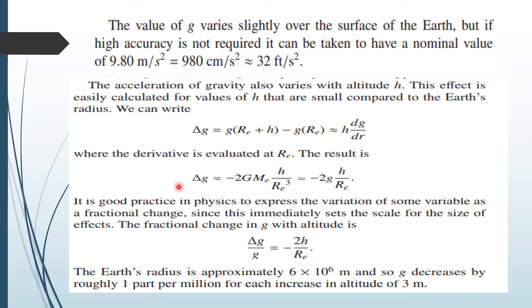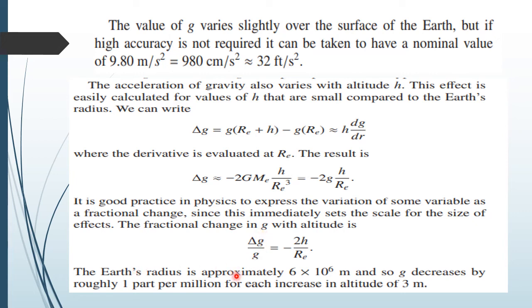Then the result is delta g approximately equal to -2 G Me h / Re³. But G Me / Re² is small g. So when we substitute small g, you get the equation as -2 g h / Re, or delta g by g equals -2h / Re. This is the fractional change in g with altitude. Since it has a negative sign, it decreases with h. When h increases, g decreases in value.